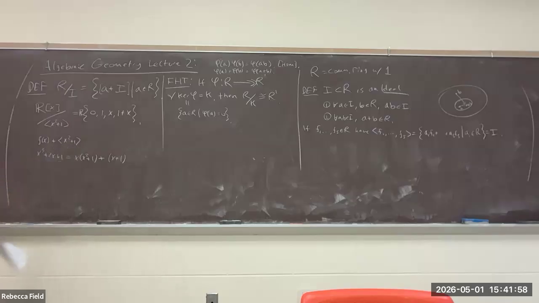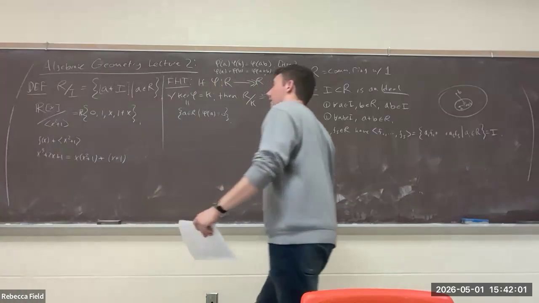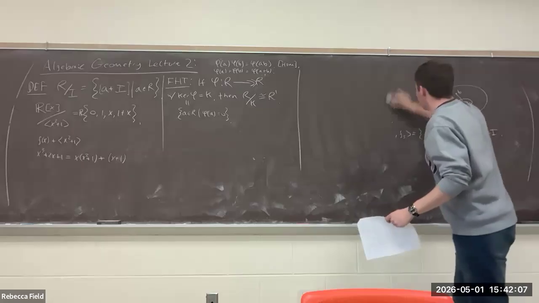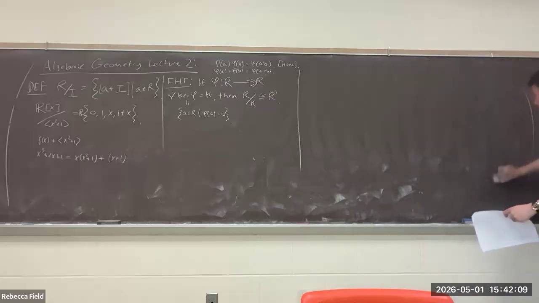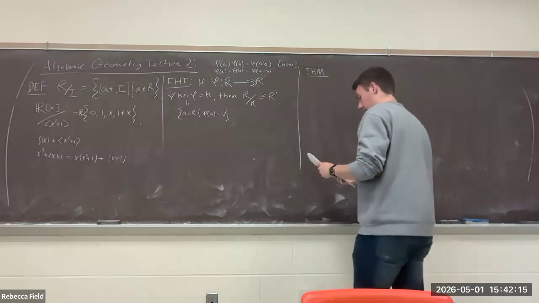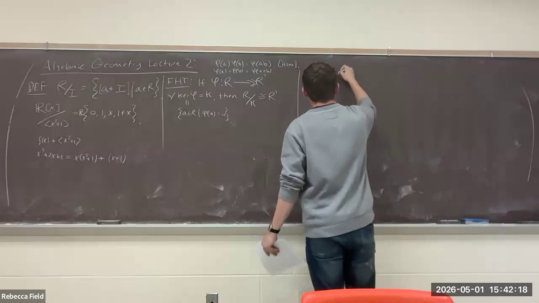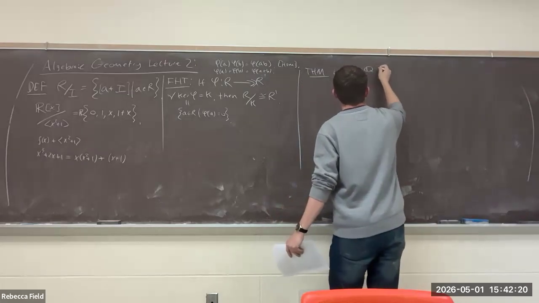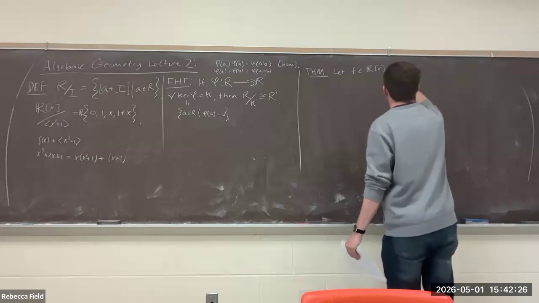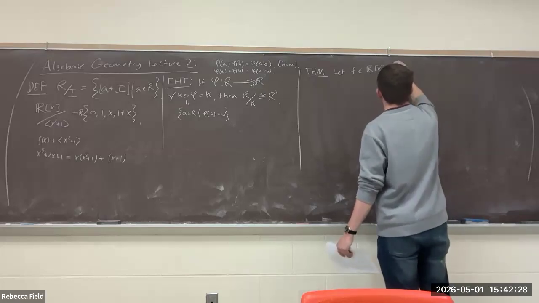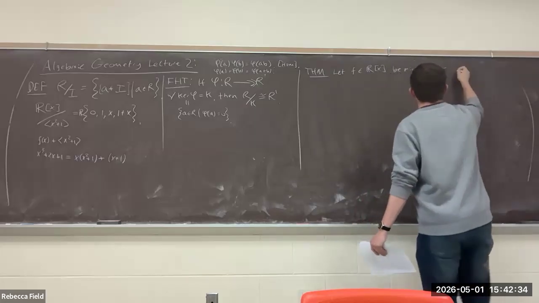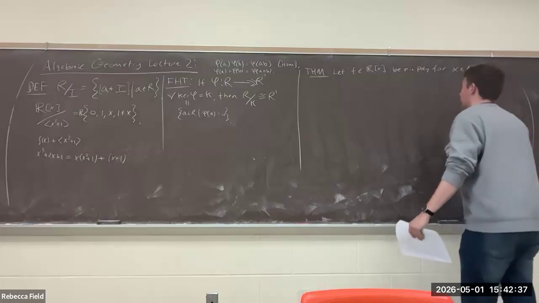So now I think the cool thing here is that, given f in R of x, we'll say some field of x, be the minimum polynomial for some root alpha in the complex numbers.